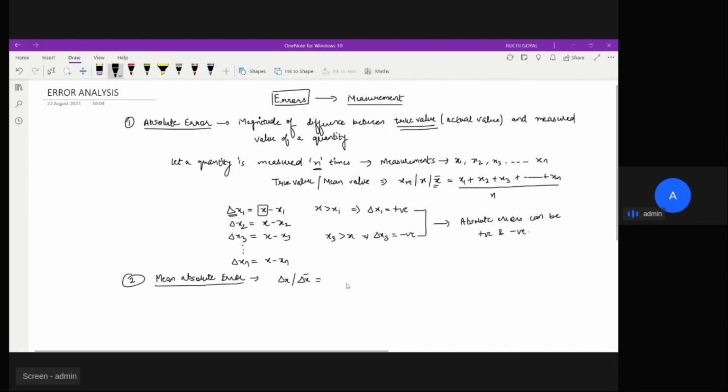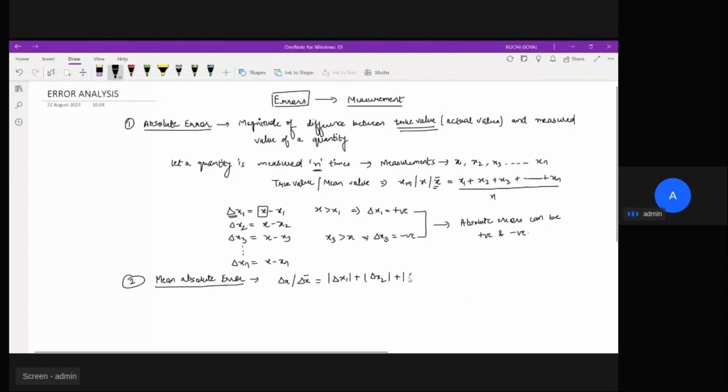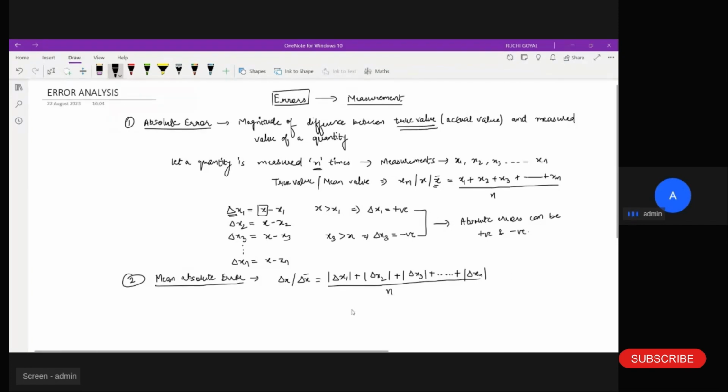It is equal to the magnitudes of all the absolute errors, so delta x1 magnitude, delta x2 magnitude, delta x3 magnitude, and so on, delta xn magnitude, divided by the total number n. So the mean absolute error is calculated as the sum of absolute errors divided by the total number of observations.